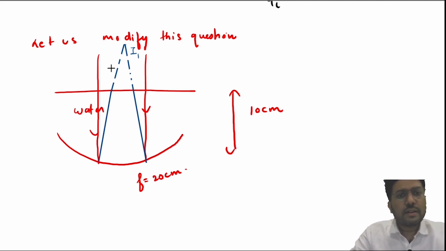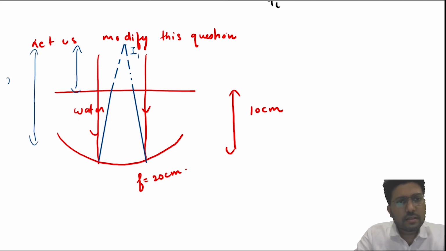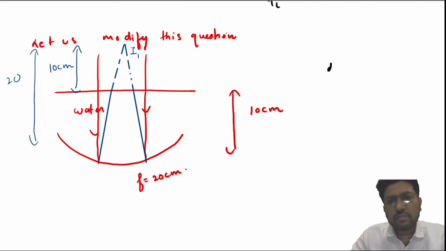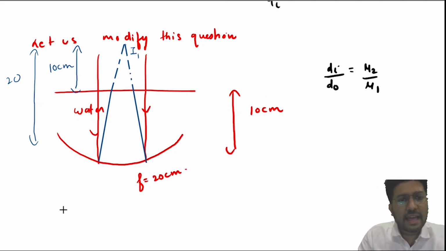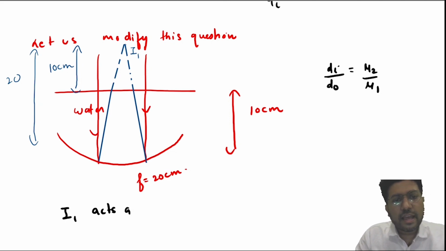Okay, so this time this distance is how much? See, this total distance is 20, this distance is 10, so this distance is also 10 centimeter, right? Now if this distance is 10 centimeter, then you will again use di by do is equal to mu2 by mu1, and you have to be very careful here. I1 acts as a virtual object.